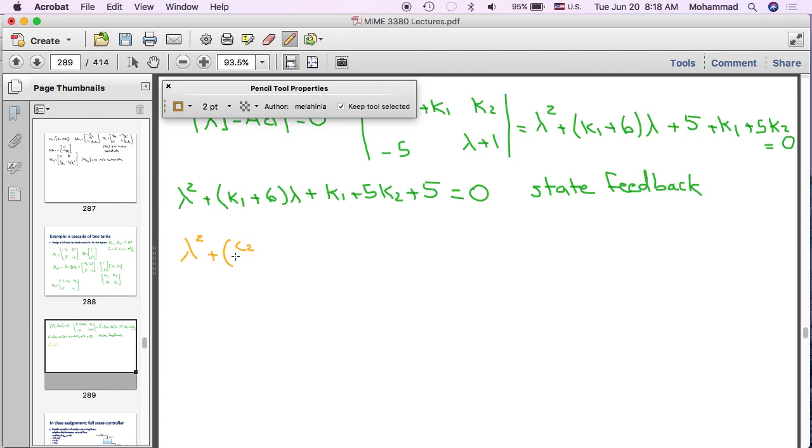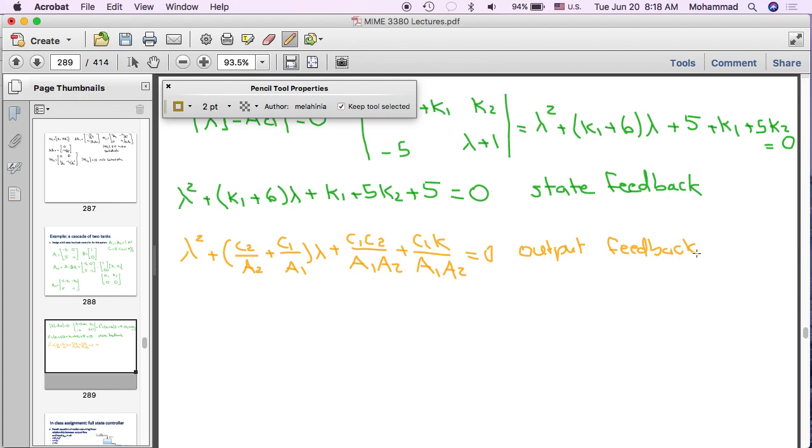So we have C2 over A2 plus C1 over A1 times lambda plus C1 C2 over A1 A2 plus C1 K over A1 A2. So this was with output feedback.